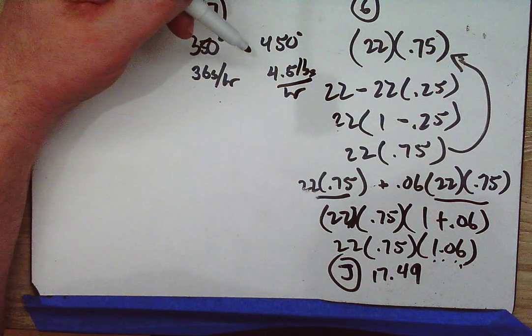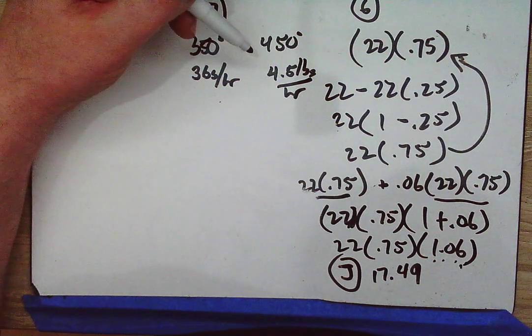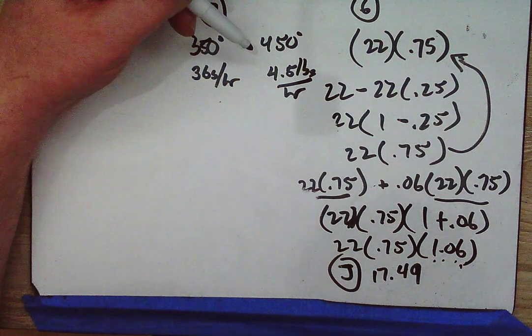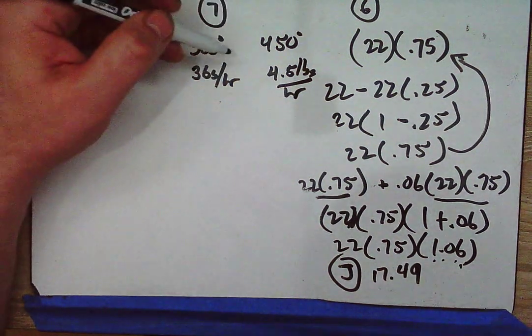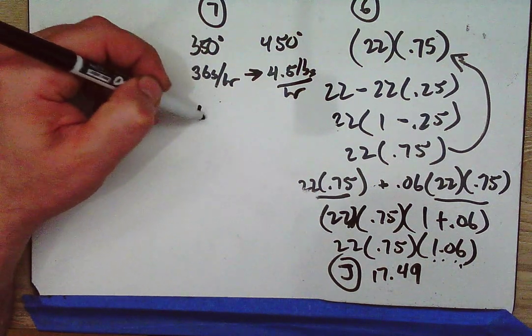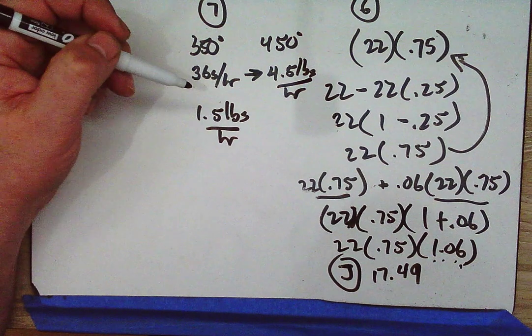In 10 minutes, how many more ounces, not pounds, ounces of turkey can cook in the 450 than the 350?